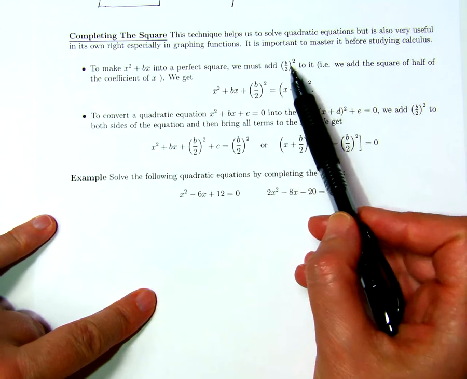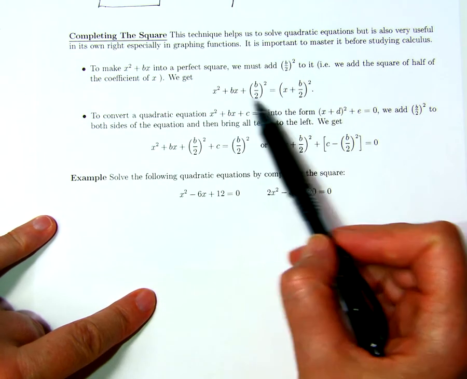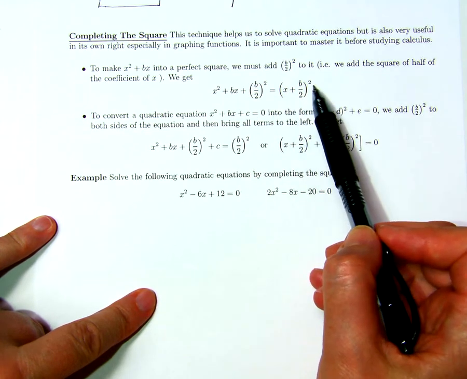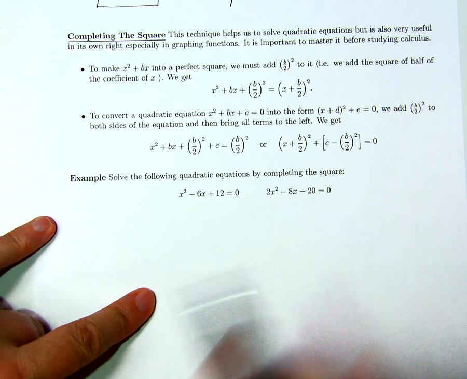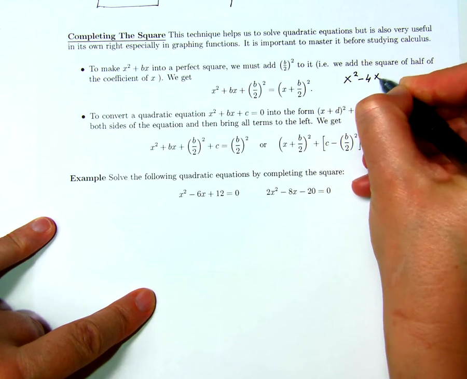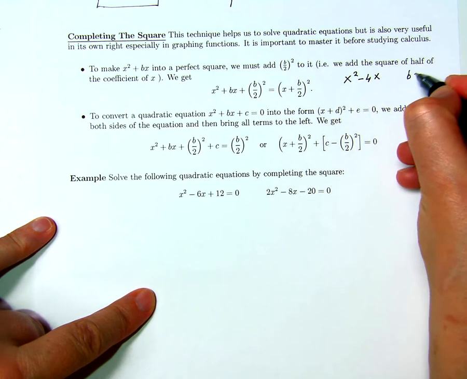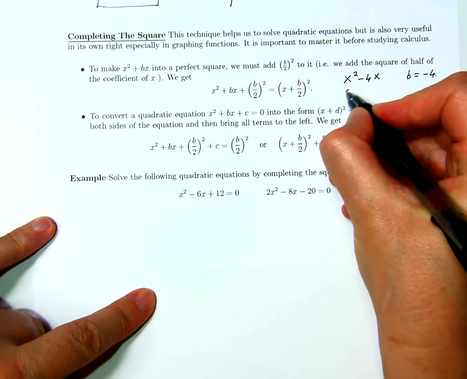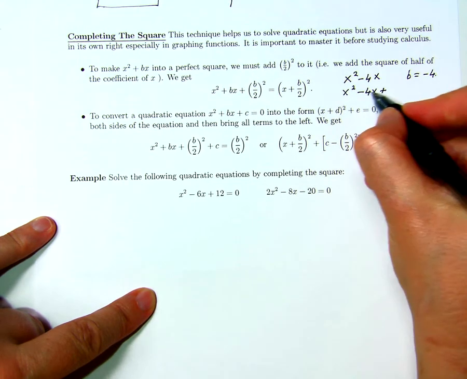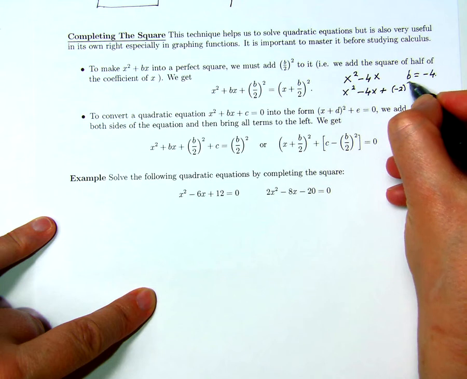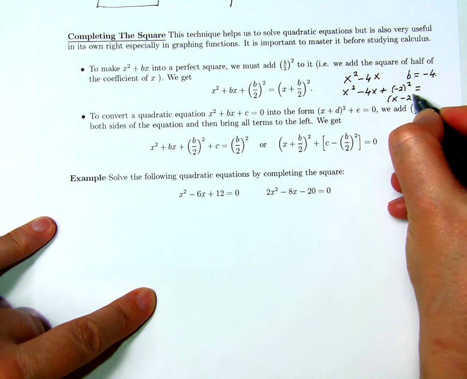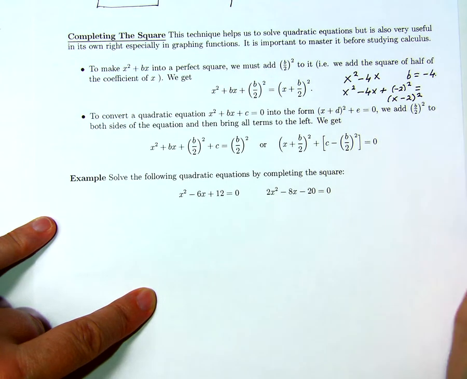Well, if we add b over 2 squared to x squared plus bx, then this is actually x plus b over 2 squared. So for example, if I have x squared minus 4x, this is b equals minus 4. What I'm saying is x squared minus 4x plus b over 2, which is minus 2 squared, should equal x plus b over 2, x minus 2 squared.